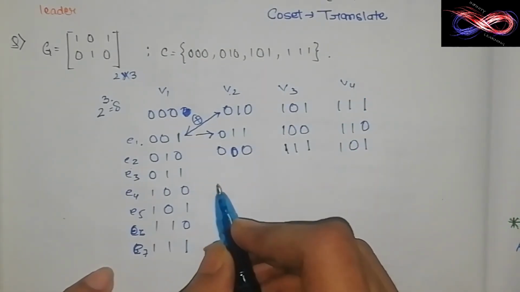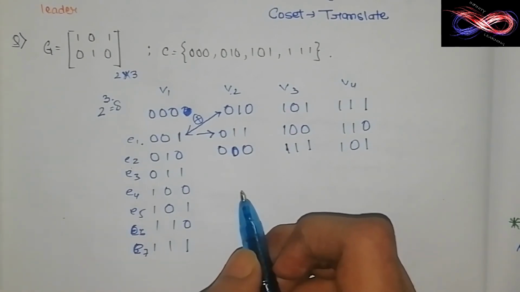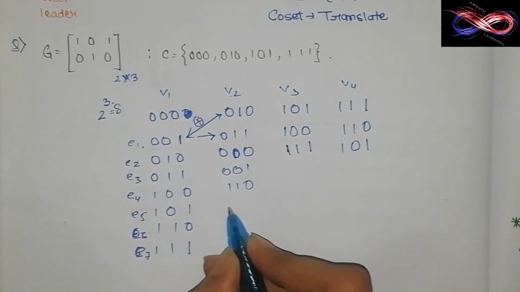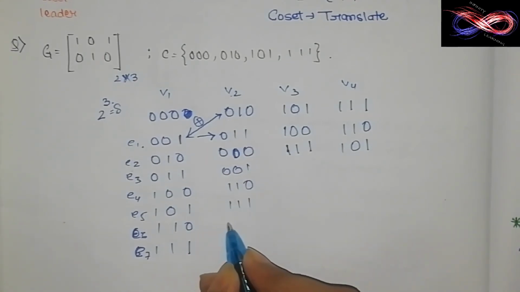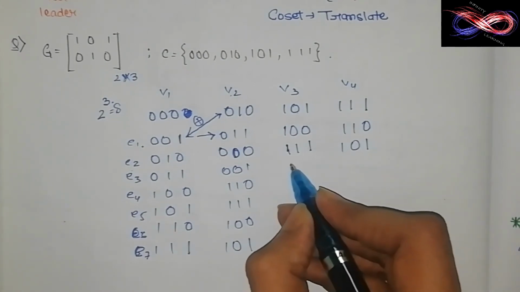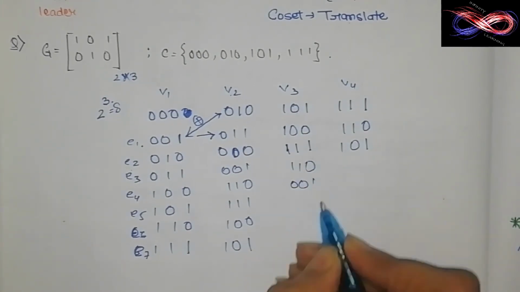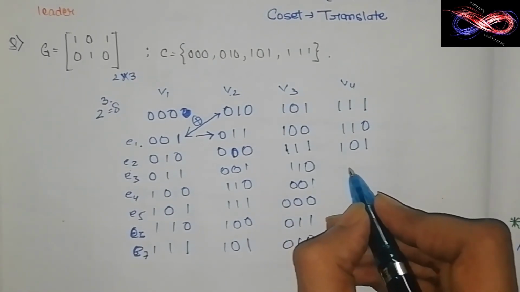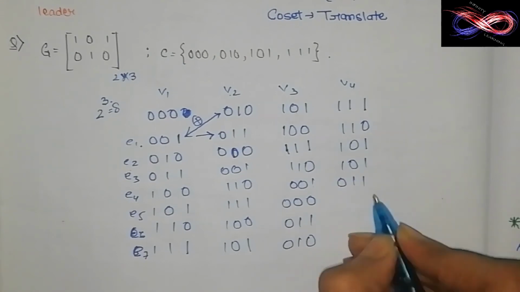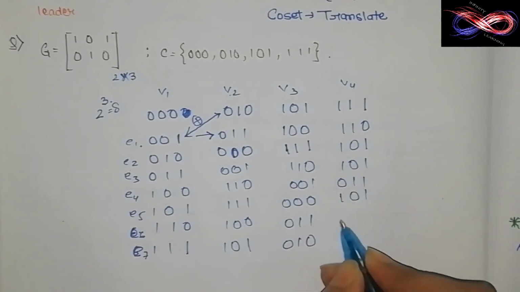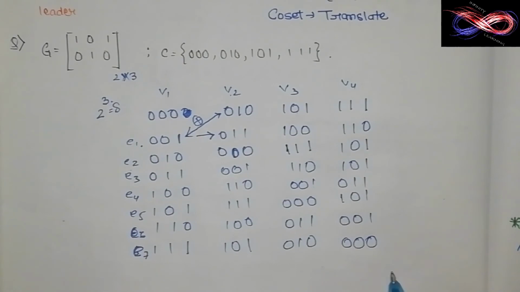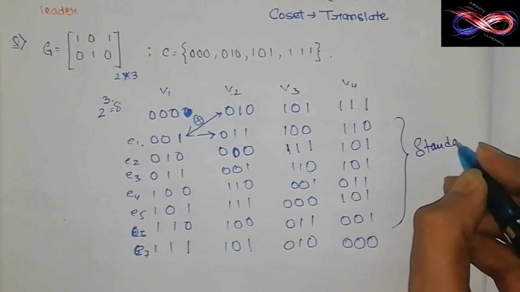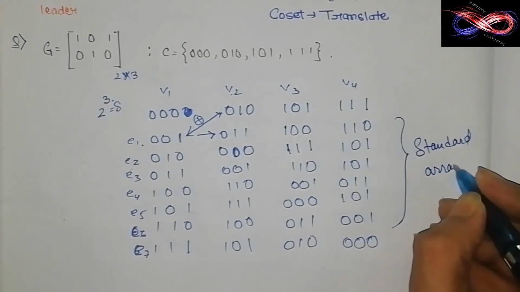So similarly, by calculating all the columns and rows, we will get the required standard array.